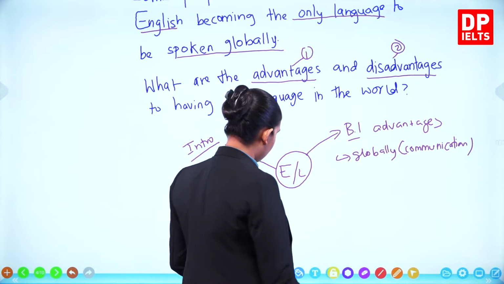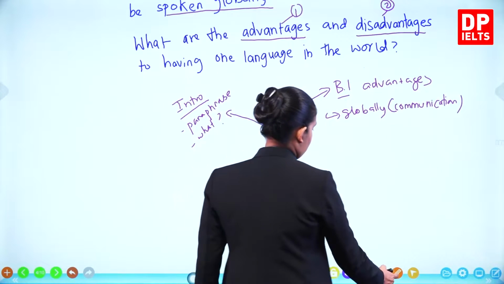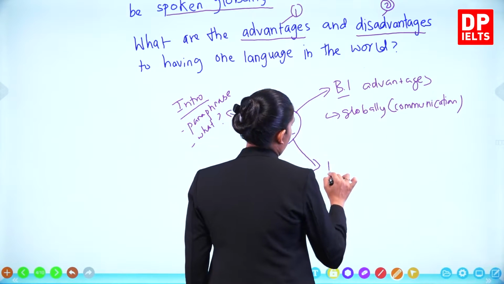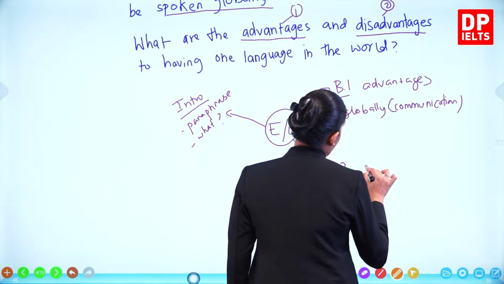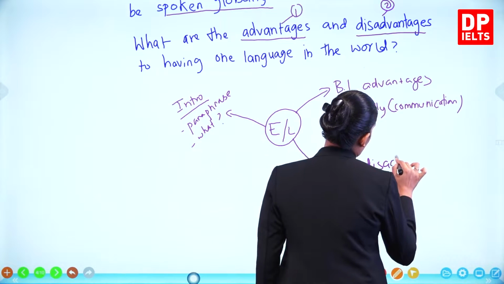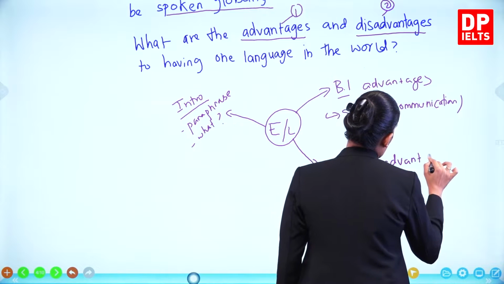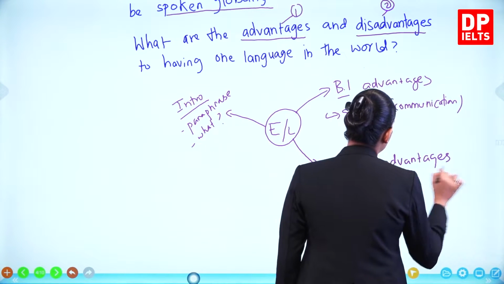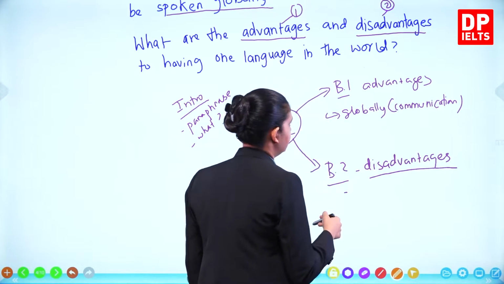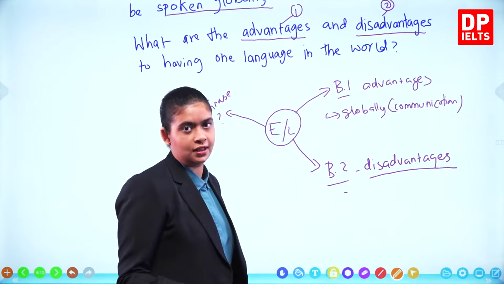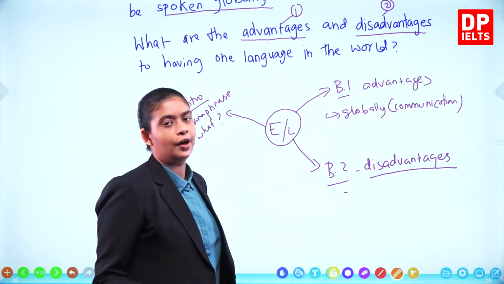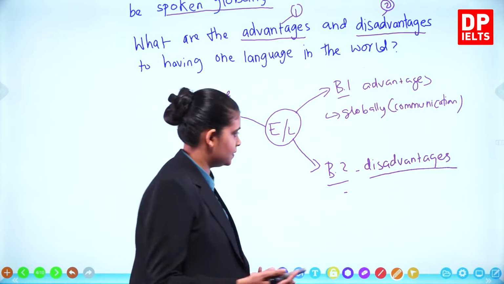But what are the disadvantages? The disadvantages would be that there's no variety and it would kill the cultures, right?